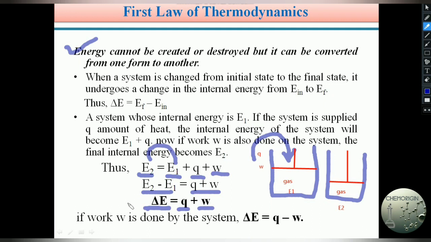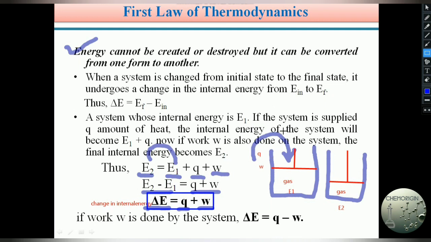Therefore, change in internal energy delta E equals Q plus W. This is the first law of thermodynamics definition: change in internal energy is equal to heat given to the system plus work done on the system.